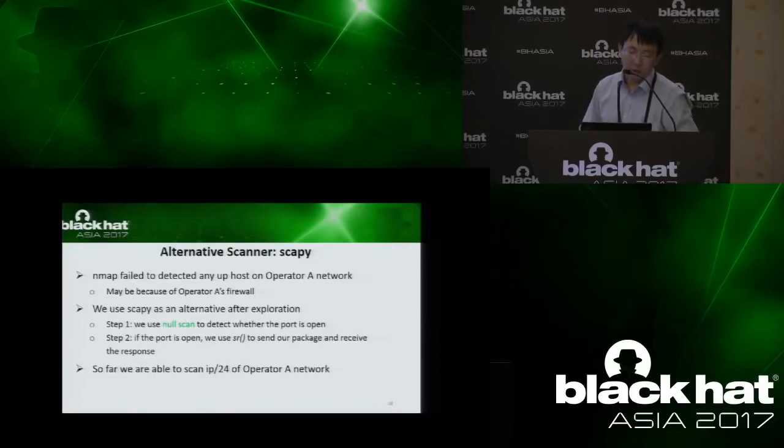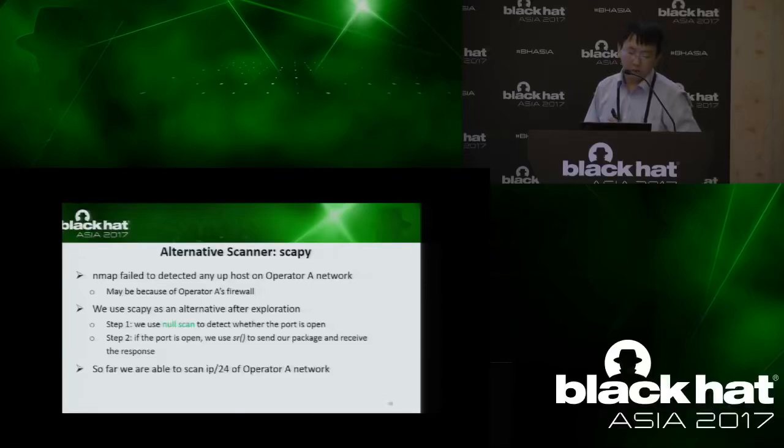In Scapy we use a two-step scanning. The first step is we use an ARP scan to test the liveness. Then, if the port is open, we use another API in Scapy to send our payload and get a response from the device on that IP address.